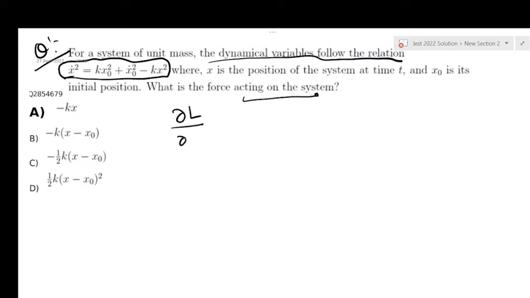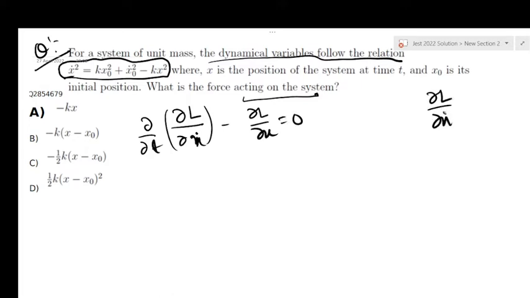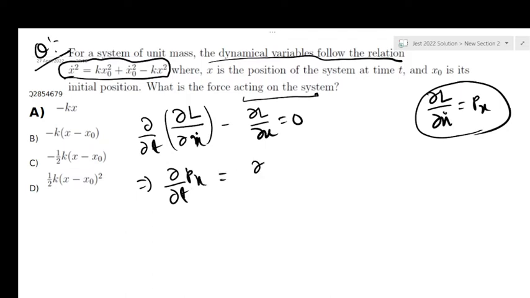That is del by del t of del L by del x dot minus del L by del x equal to 0, and you know that del L by del x dot is equal to px, that is the conjugate momentum. So del by del t of px is equal to del L by del x. The derivative of momentum with respect to t is the force.